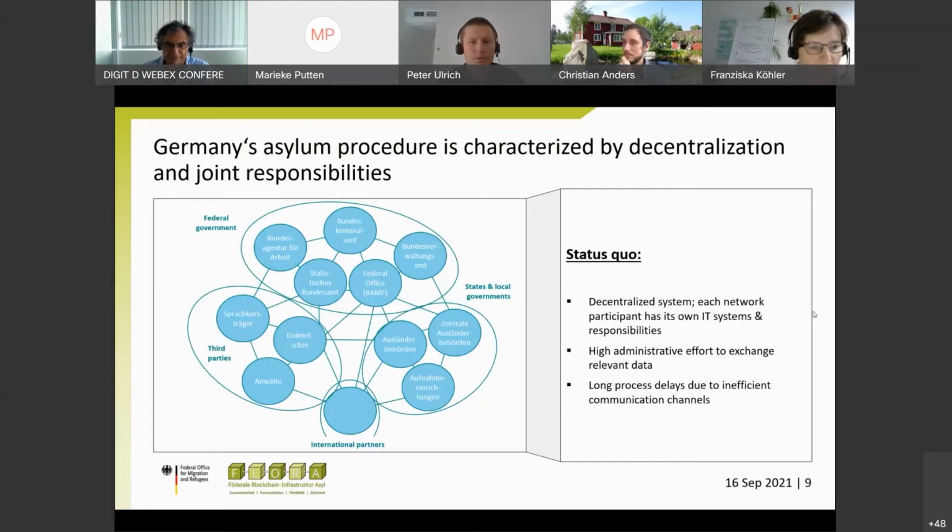This means a high manual coordination effort for these interagency processes. And this procedure is, of course, error-prone. It can lead to delays, and to be honest, it's not really a modern approach of communication. But this is the reality.